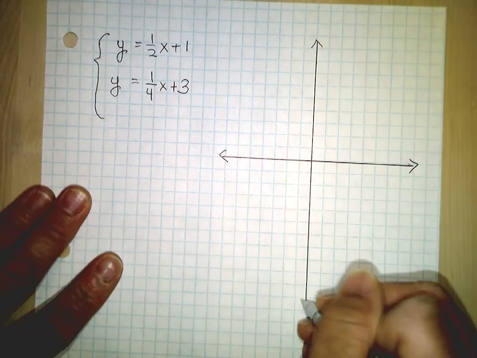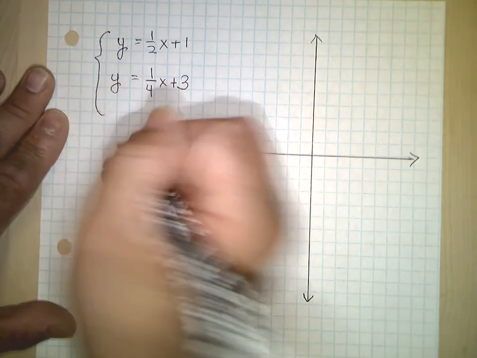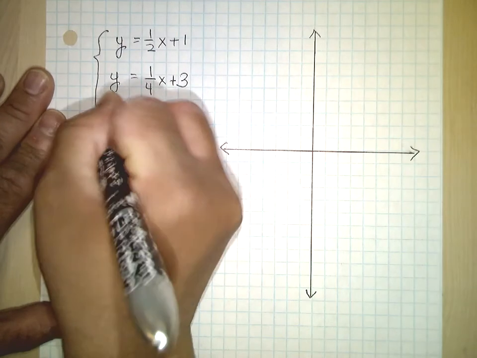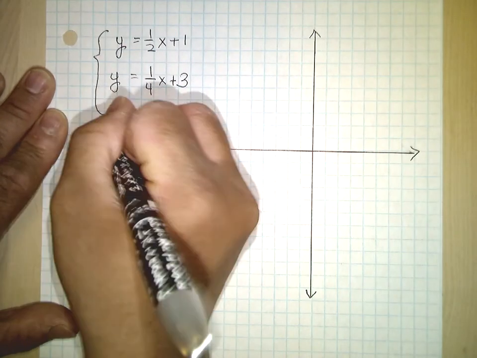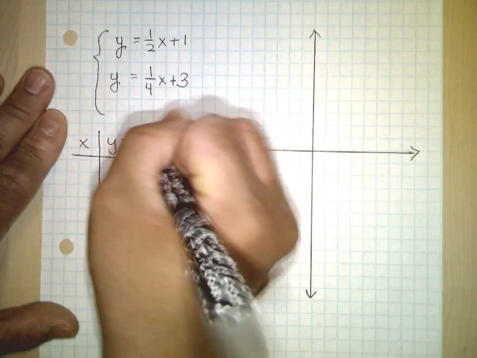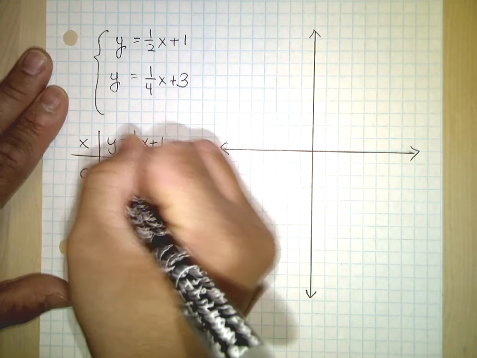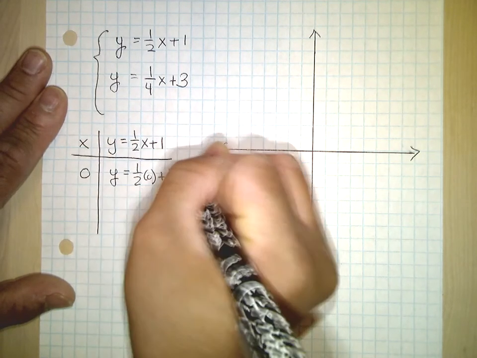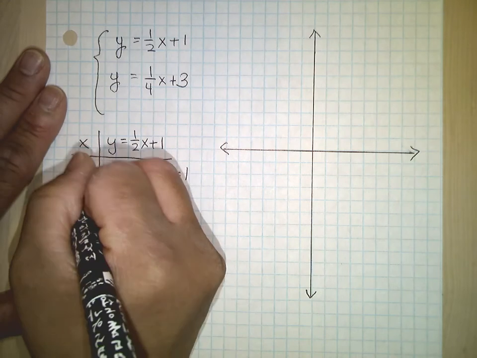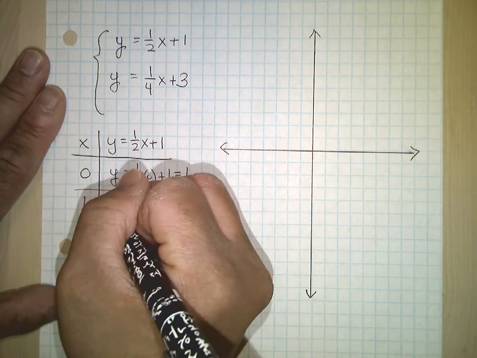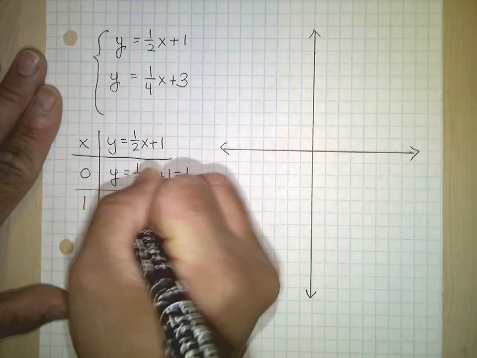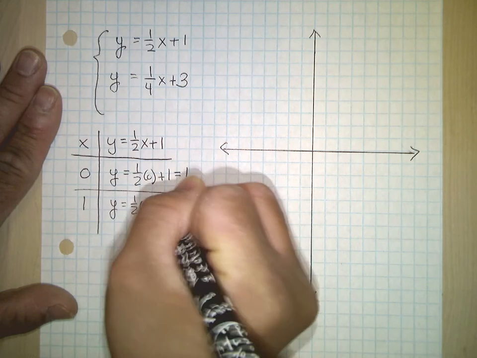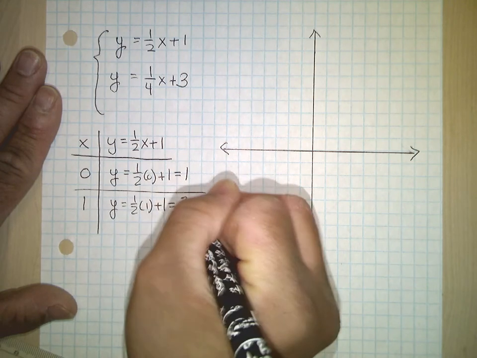So what a time to be alive here. So for the first line, x, y was 1/2 x plus 1, so I could pick 0. Y is 1/2 times 0 plus 1, which is 1. If x is, let's say, 1, y is 1/2 times 1 plus 1, which is 3/2.